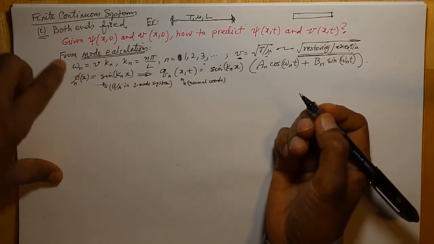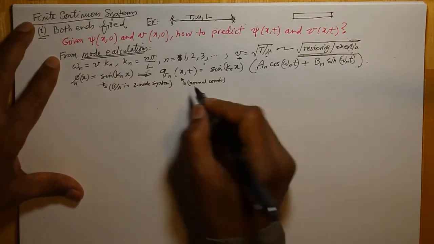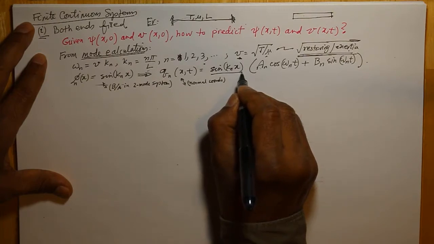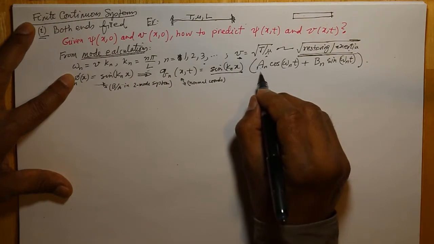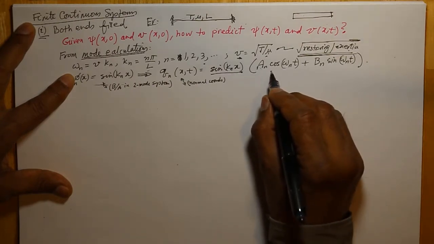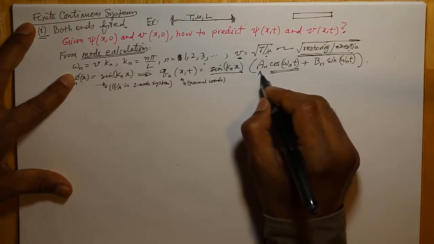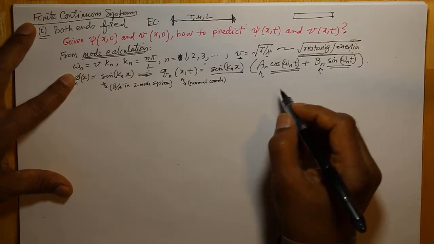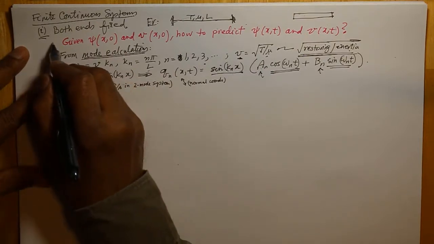So what we have is, say if I'm in this mode, so I'm in one of these modes, then I'll oscillate with cosine with this amplitude and sine with that amplitude. So alright, now I want to address these questions.